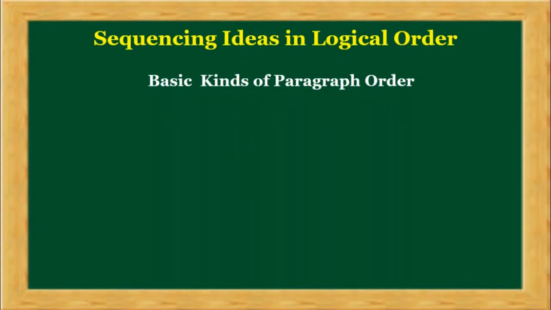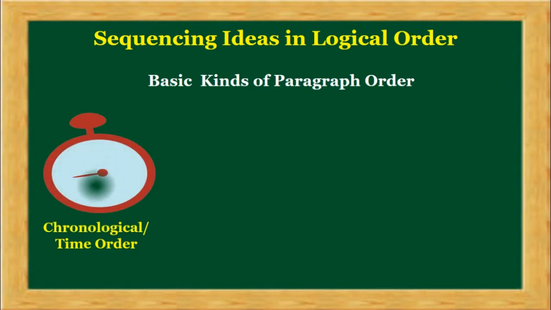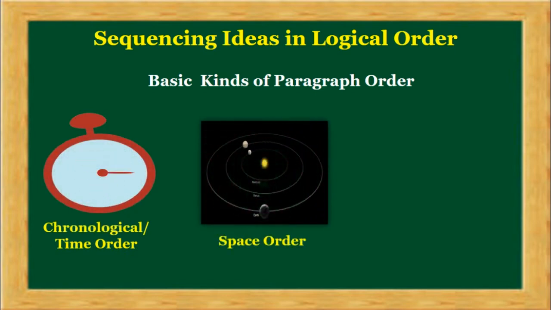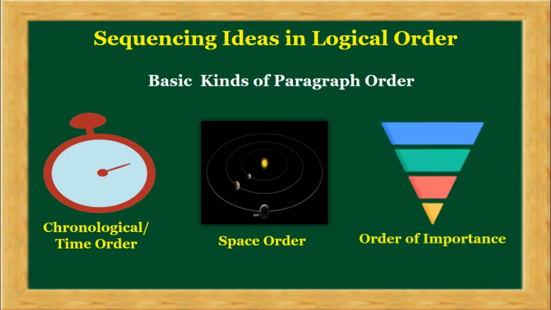The effective way of sequencing ideas may follow basically three kinds of order, depending on the purpose of the paragraph. Those are chronological or time order, space order, and order of importance.